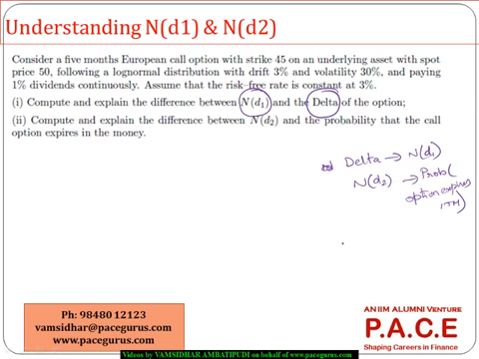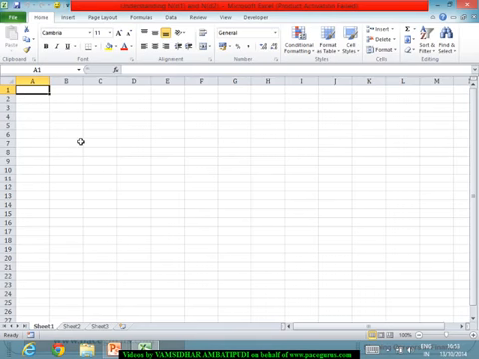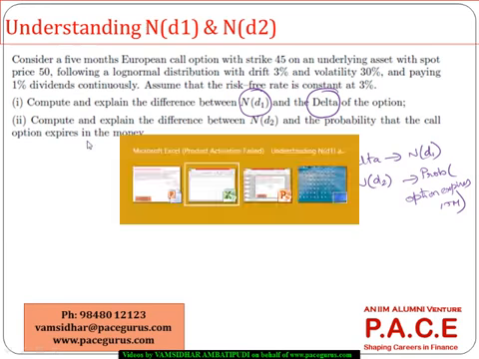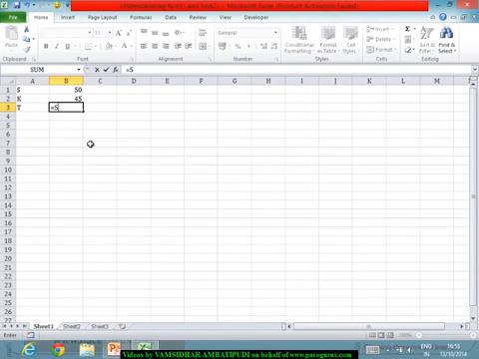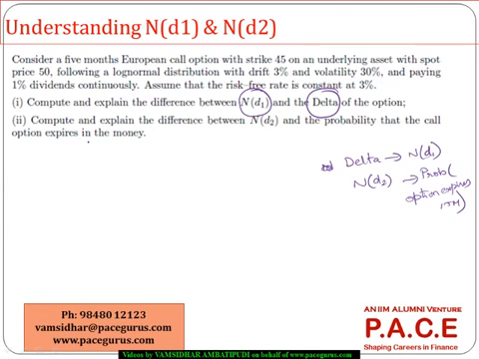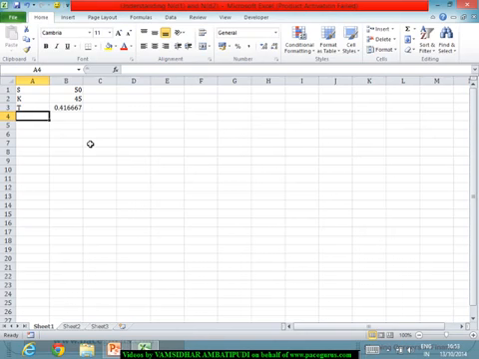Consider a 5-month European call option, strike price 45, spot price 50. So the spot price is 50, the strike price is 45, and the time to maturity is 5 by 12 years. The asset follows a lognormal distribution with a drift mu of 3%.